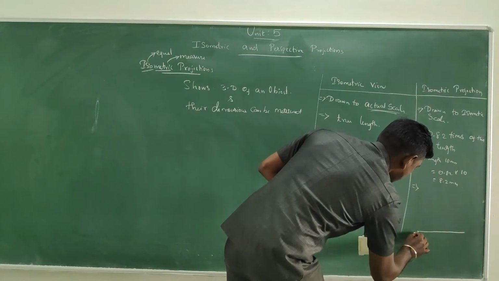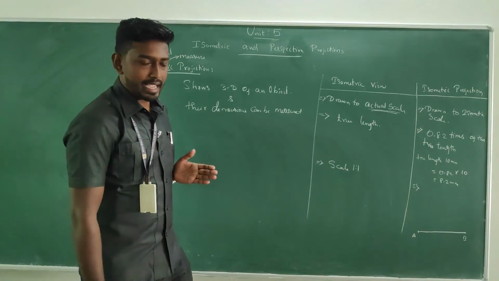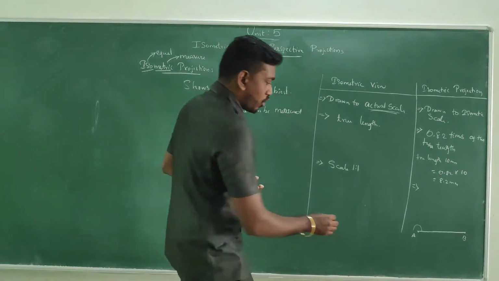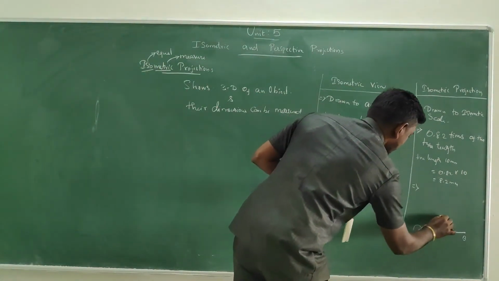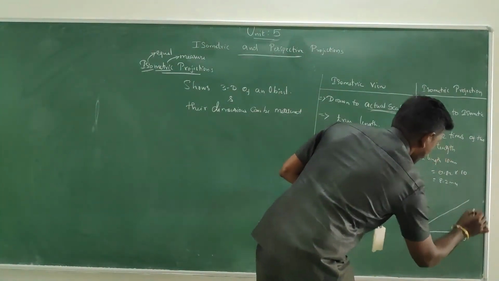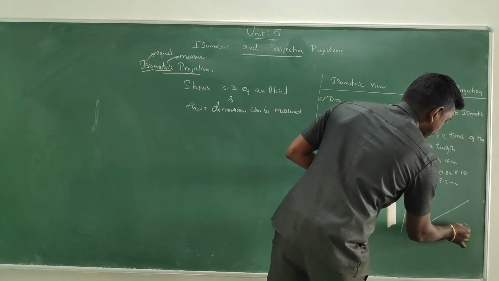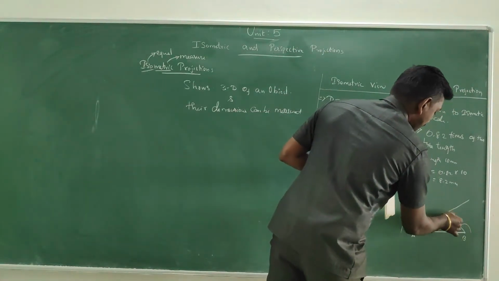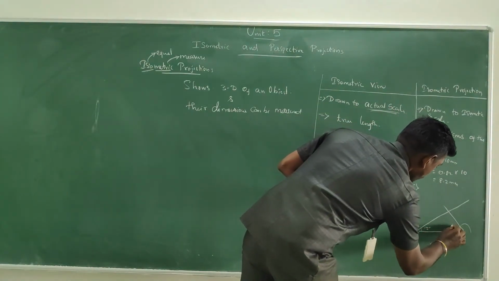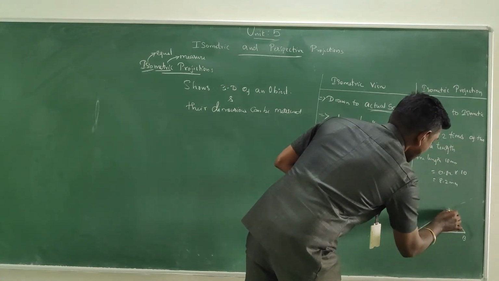I am going to take this as A and B at the ends. Then keep your protractor at end A and measure 15 degrees and draw an inclined line. In the same manner, from the other end B, measure 45 degrees and draw an inclined line. So this is with 15 degrees and this is with 45 degrees. The lines will intersect at that place.